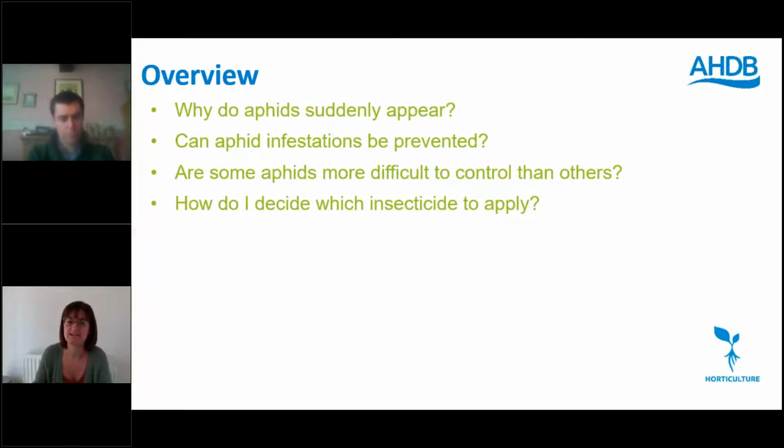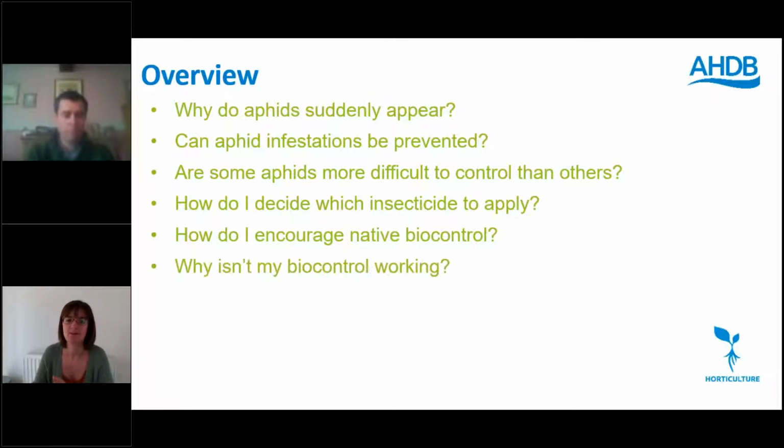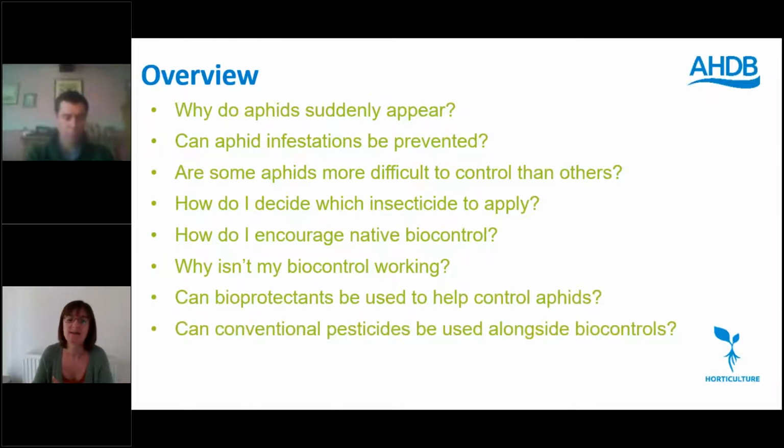Quite importantly, how do I decide which insecticide to apply, and does it depend on what type of aphid I have? How do I encourage native biocontrol? Why isn't my biocontrol working? Can bioprotectants be used to help control aphids? And can conventional pesticides be used alongside biocontrols? Then we've got some sources of further information at the end for you.